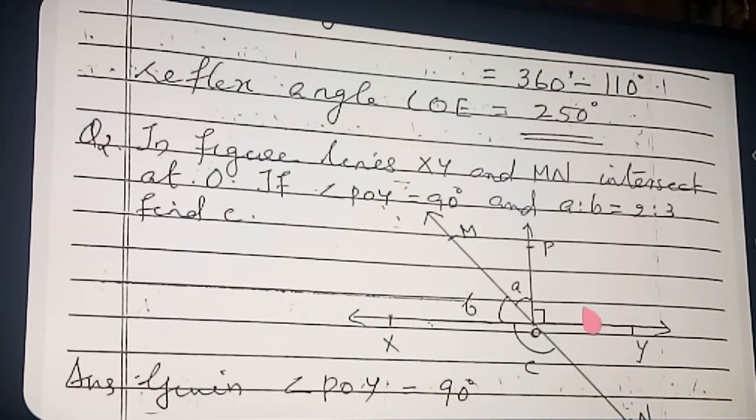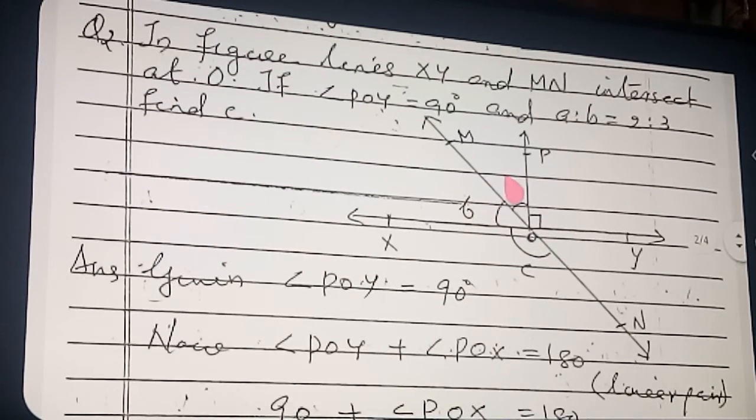Now one by one step we will find out A, B and C. Clear? Listen. Question clear now? Now start to listen. You very clearly can understand this angle POY is 90 degree now. And now you see this angle POX and POY.